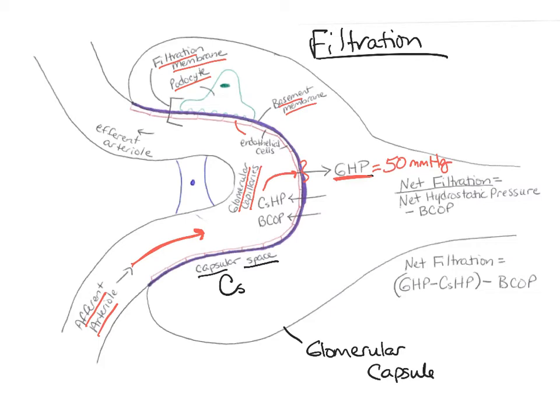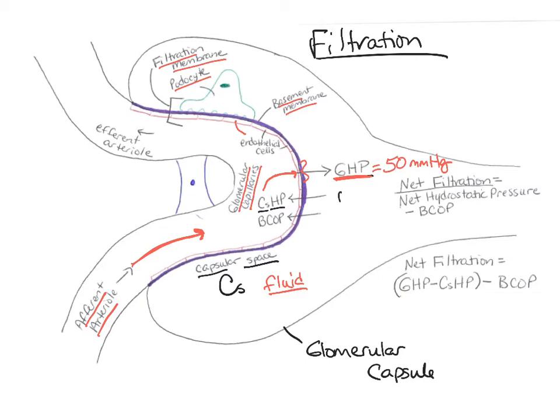Now, like I said, hydrostatic pressure is from fluid. So this fluid has higher pressure, 50, because the heart is beating and pushing that blood into that glomerular capillary. But out here in the capsular space, there's also fluid. And so this fluid is also going to exert a little bit of pressure. So that pressure we call the capsular space hydrostatic pressure.